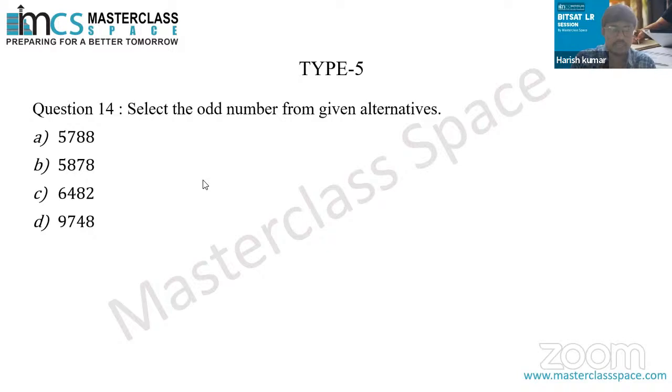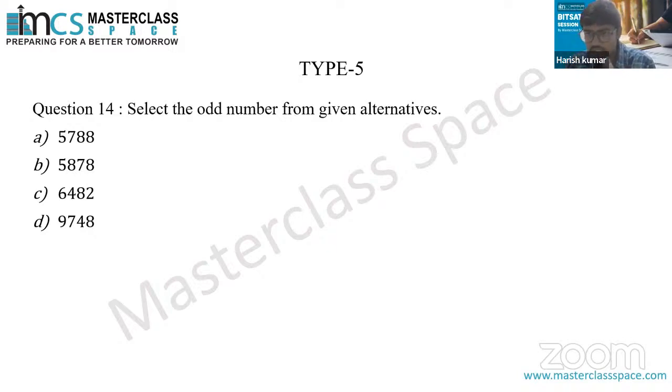See, guys, first thing is there are no multiples and all these things, so the logic is dependent on the digits itself. Here I'll give you a small suggestion: in the first option and second option, one thing that is clear is the digits are the same.